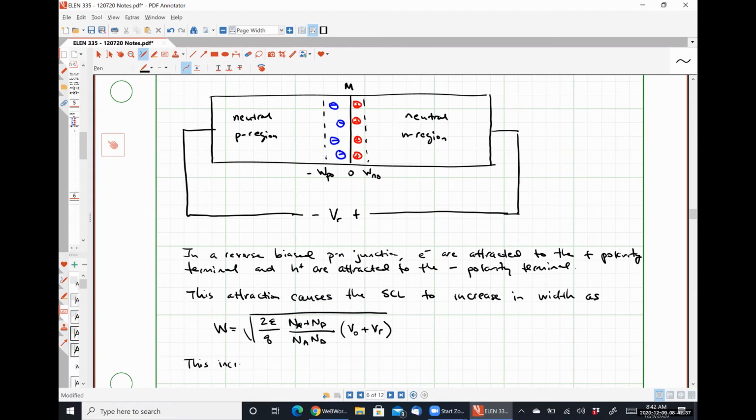This increase in W causes an increase in the electric field E, which in turn increases the barrier potential.